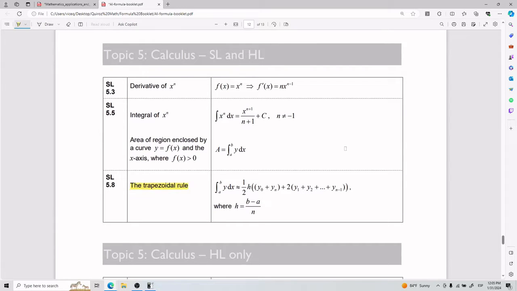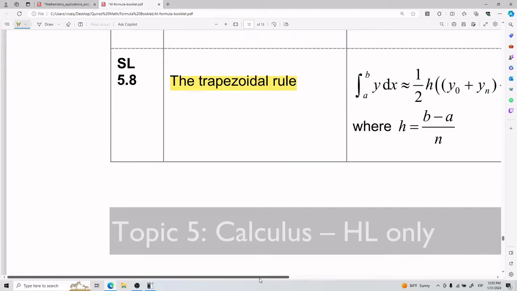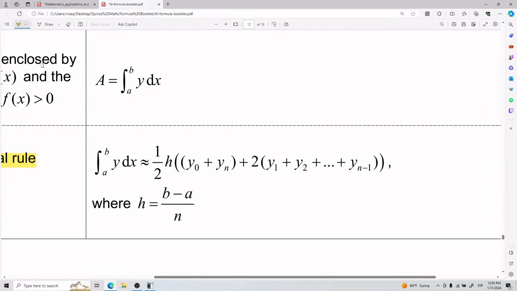The trapezoidal rule looks a little bit weird. Yes, I fully agree. But let's really try to understand what this formula is telling us. First things first, this symbol here means an approximation.